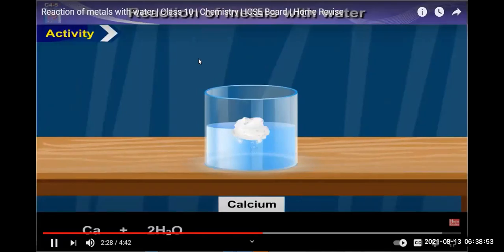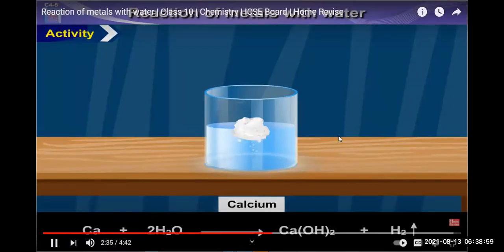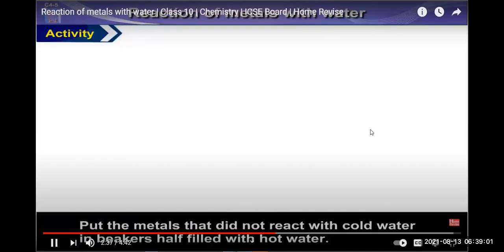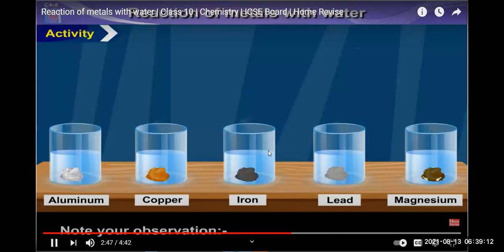Ca plus 2H2O gives Ca(OH)2 plus H2. Put the metals that did not react with cold water in beakers half filled with hot water. Note your observation.